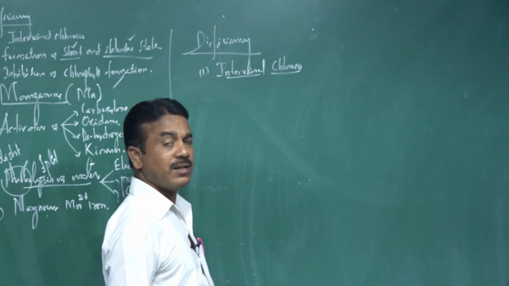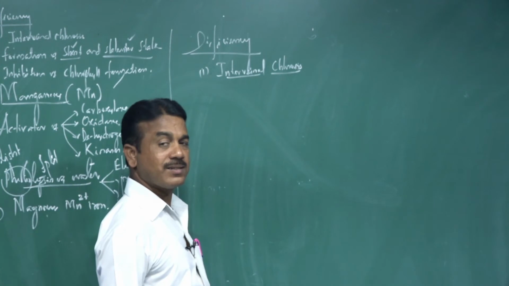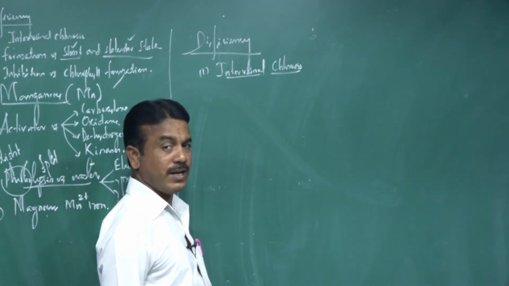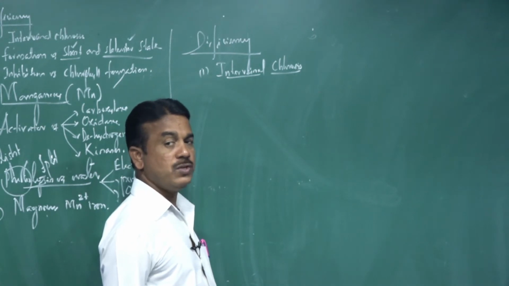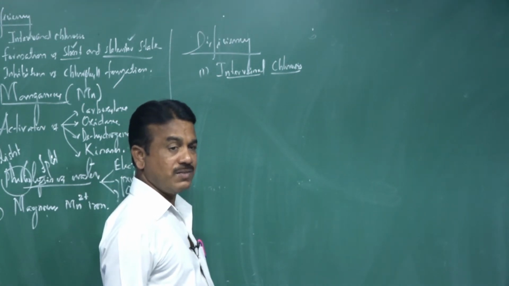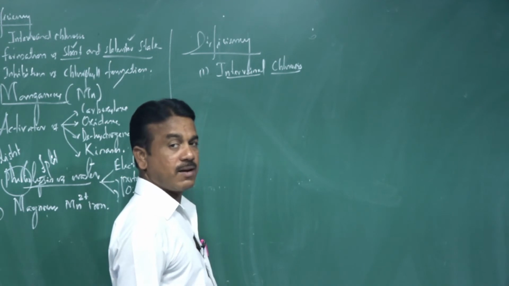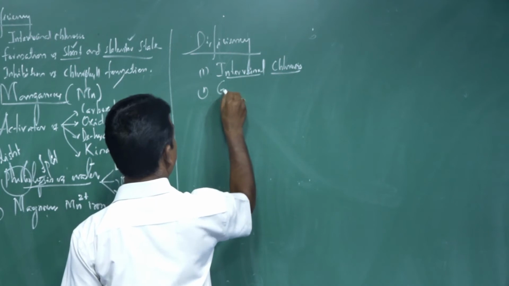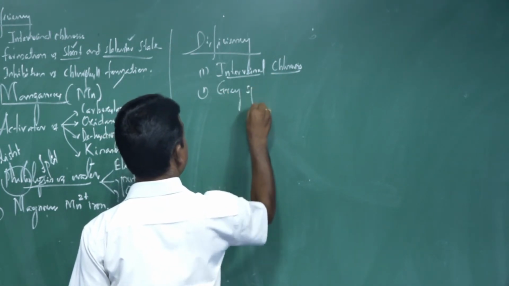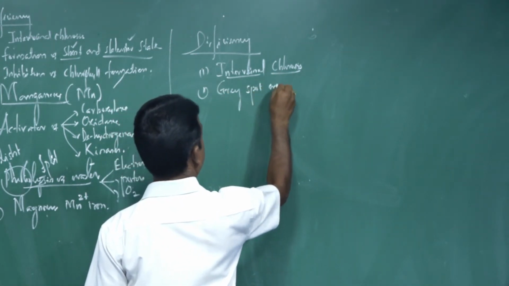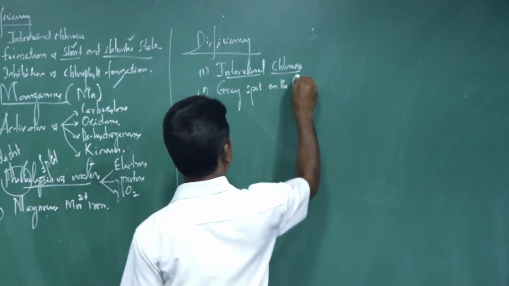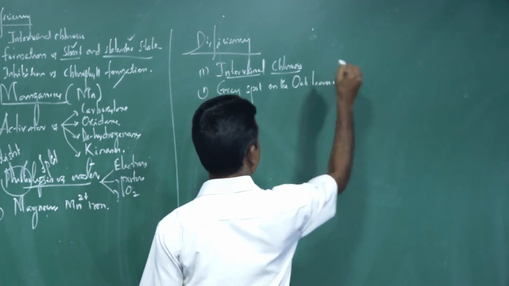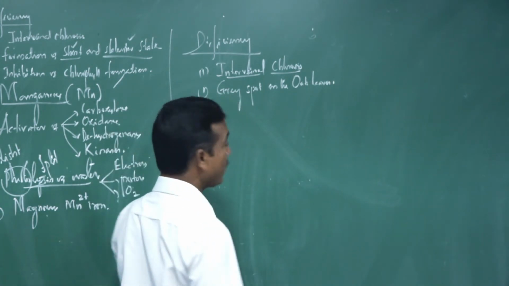Between the veins, the chlorophyll is lost, and the leaf turns pale yellow in color. So due to deficiency of manganese, the first deficiency is intervenal chlorosis. Second, formation of grey spots on the oat leaves.